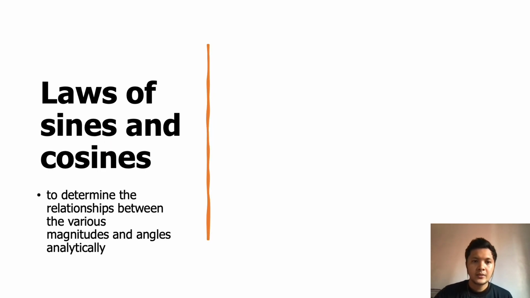In order to do that, we can use the laws of sines and cosines, which give us the relationship between the different magnitudes of the sides and the angles. So let's say, for example, we have here a triangle.